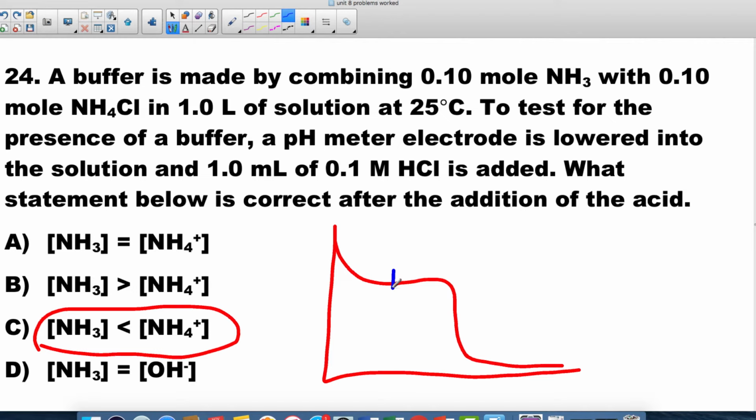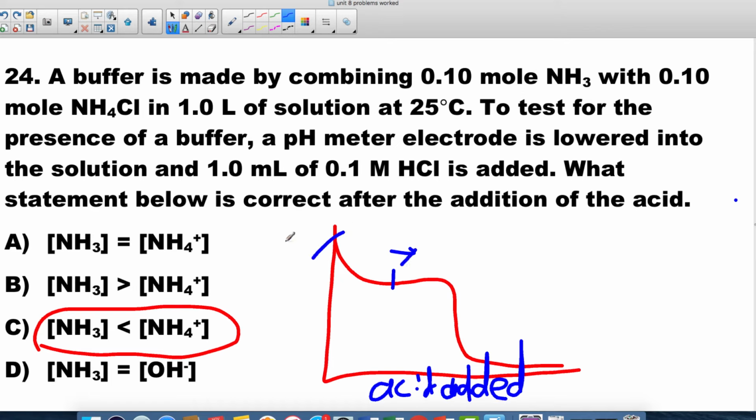It may help to teach your students this question in light of a titration curve. The blue mark on the graph represents the half equivalence point, which is where we start out at. The moles of NH3 are equal to NH4. Acid added is actually the x-axis, which means we're going to move farther to the right.